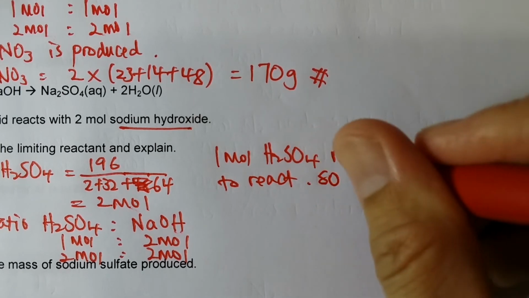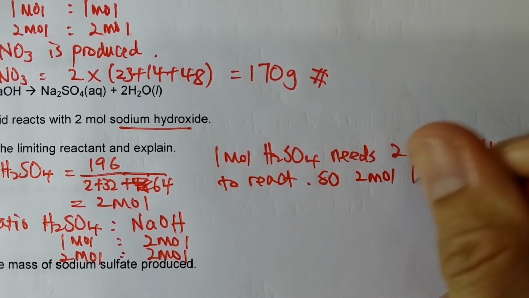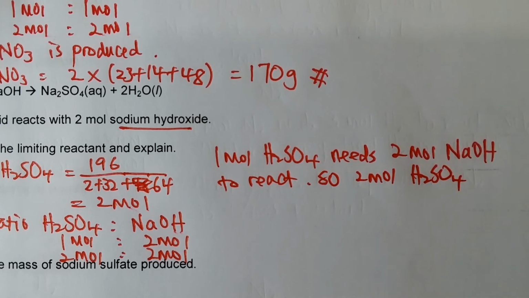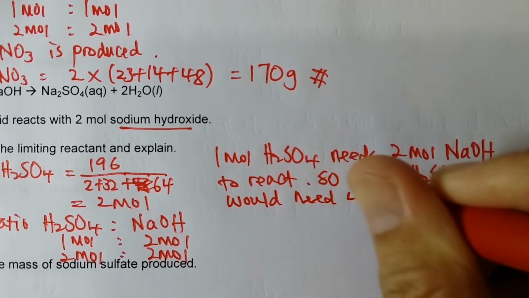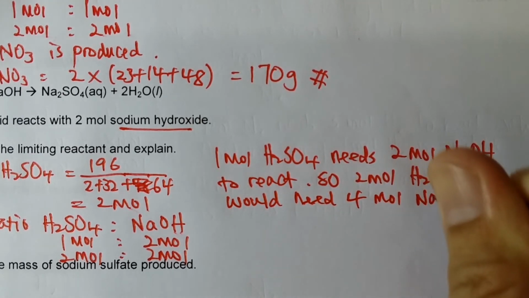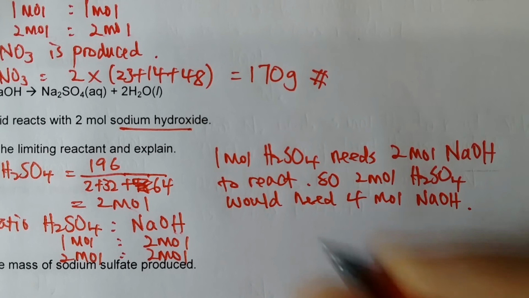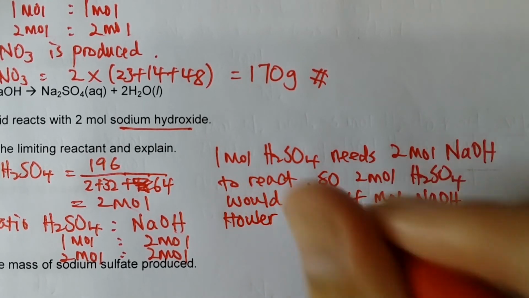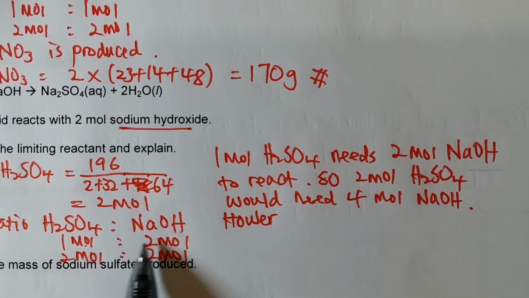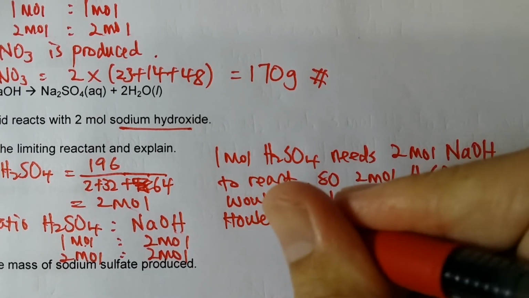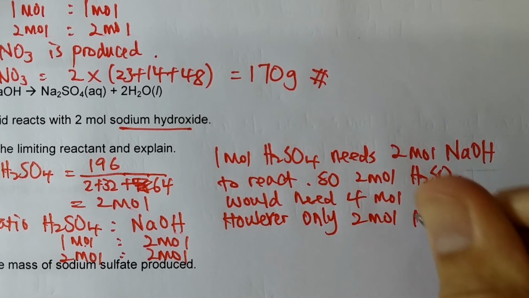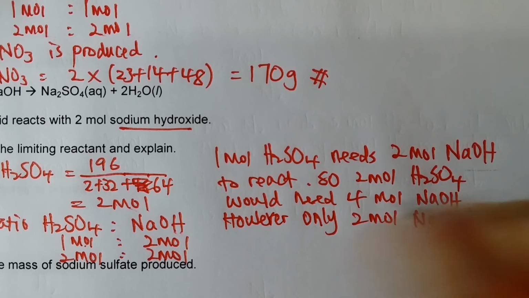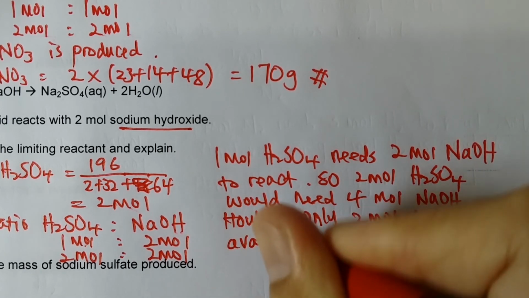So 2 mole H2SO4 would need 4 mole NaOH. However, only 2 mole NaOH is available.